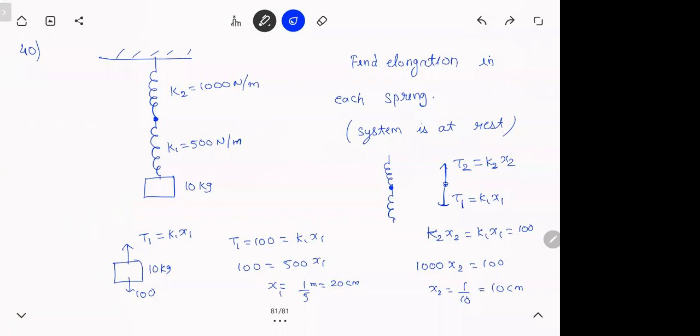From there you'll get the elongation. Done. Next one.